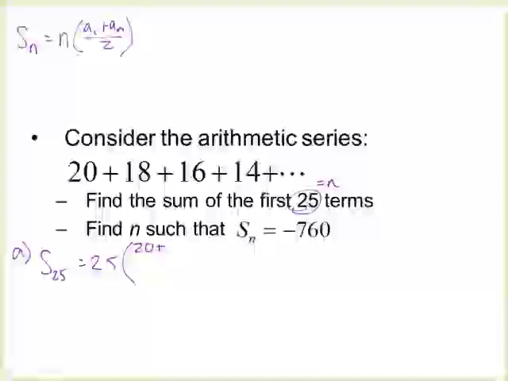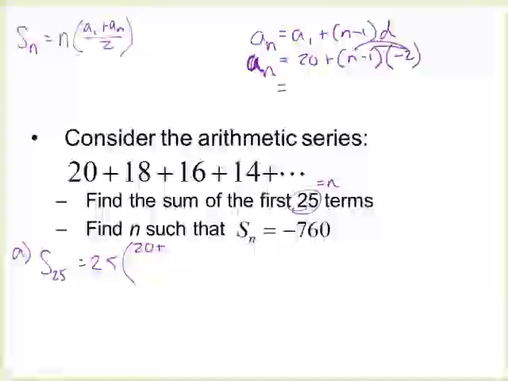So this is where we have to take our little side note and do the formula from a couple of lessons ago. So a sub n equals a sub 1, which you just said was 20, plus n minus 1 times d. What is d for this sequence? Negative 2 is what we're adding each time.